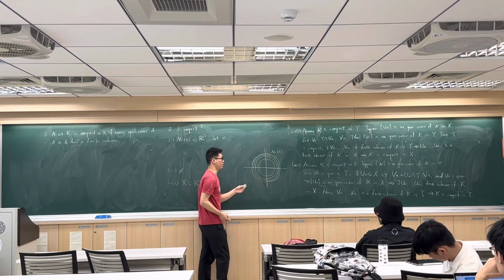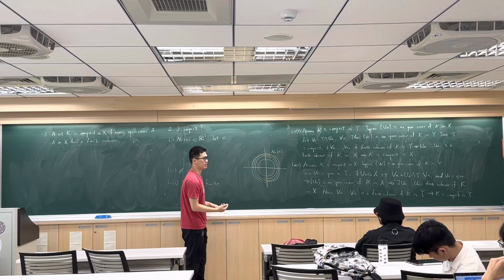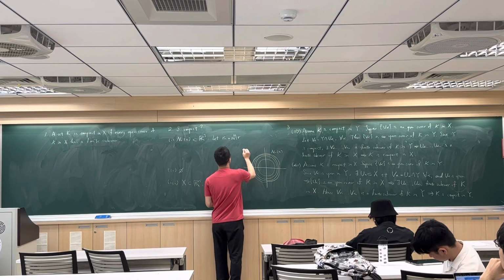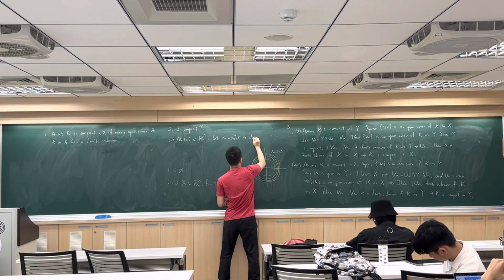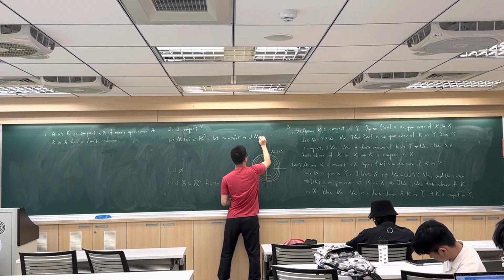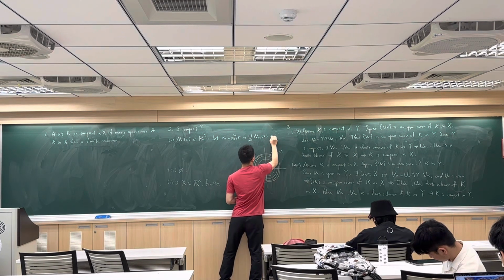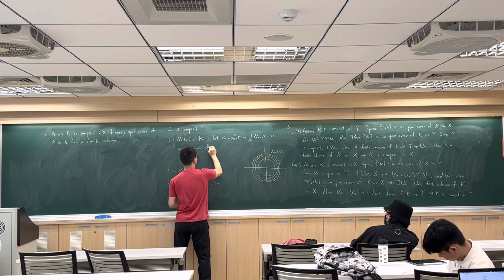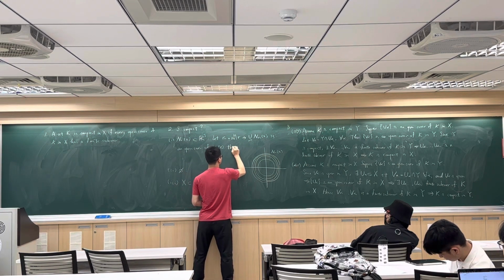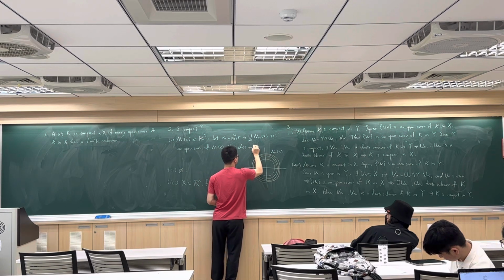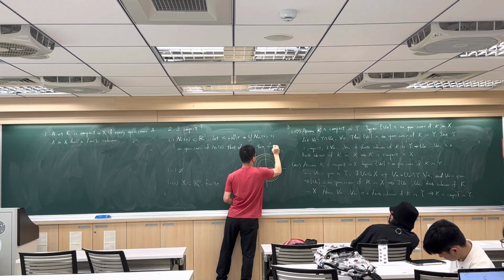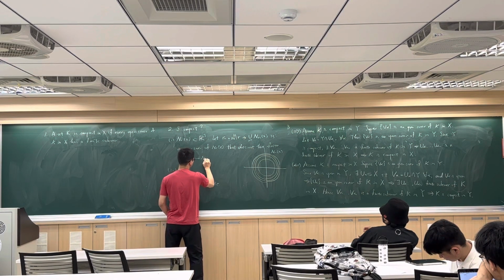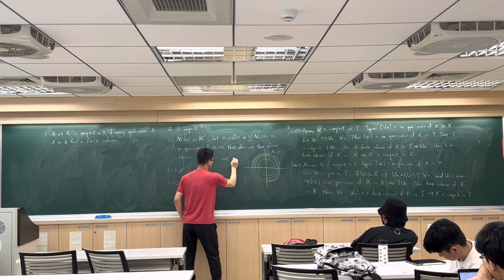So this union will be an open cover of N_r(x), but it does not have a finite subcover. So it is not compact.